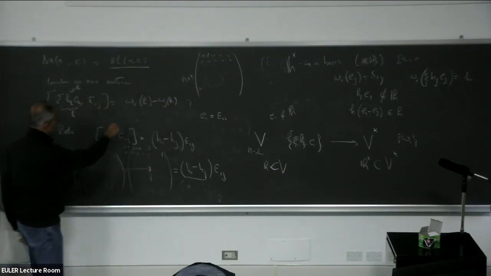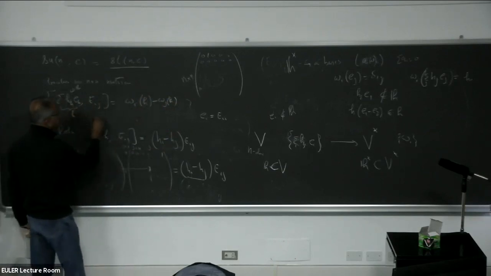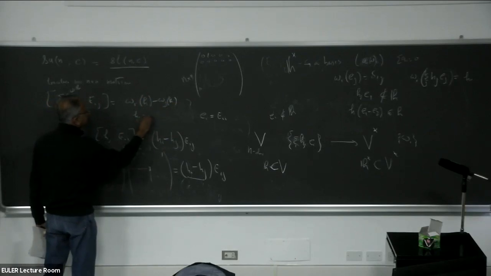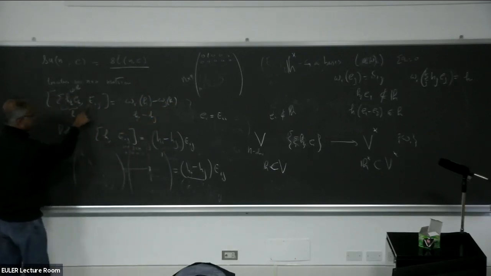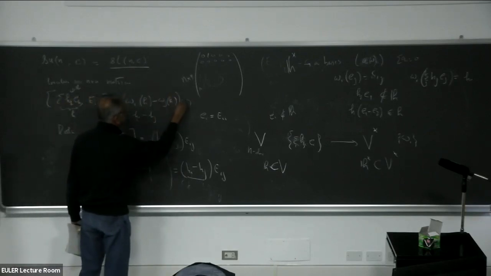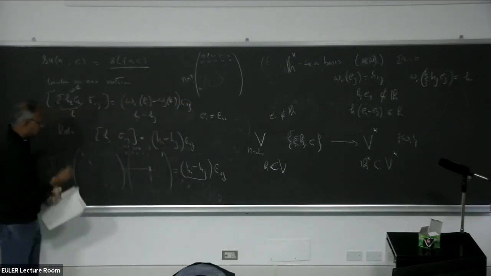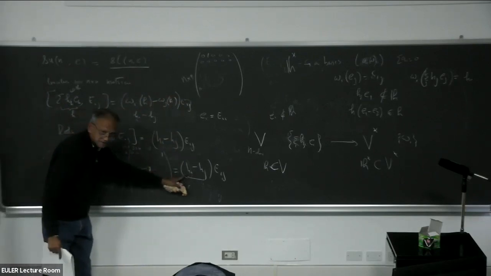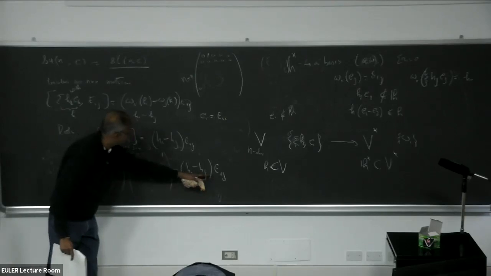Because omega I of H by definition is nothing else but Hi, that is Hg. And we see that that's exactly the answer here, right? This times Emg. When we took this commutator between this and that, we found it is simply Hi minus Hj times Eij.